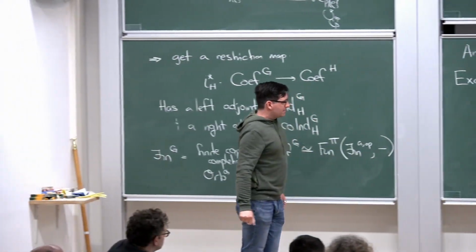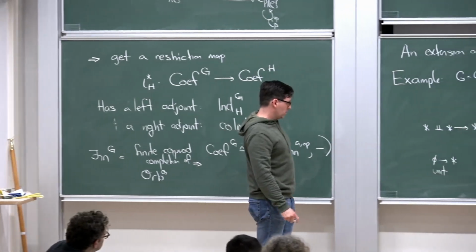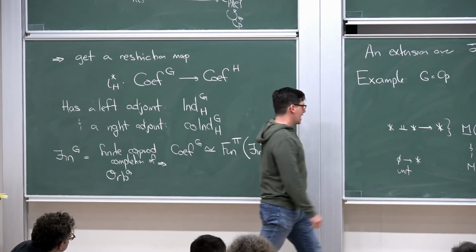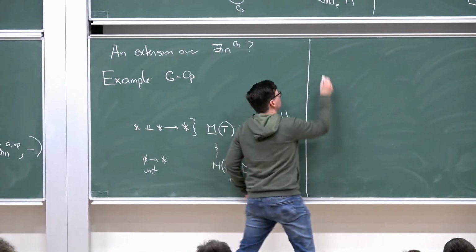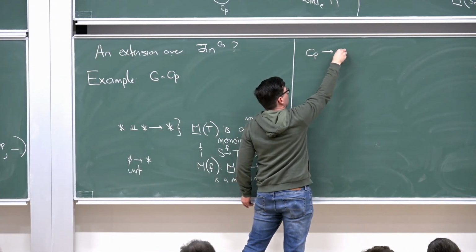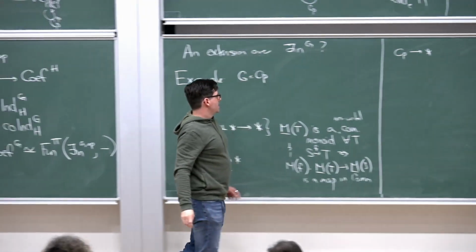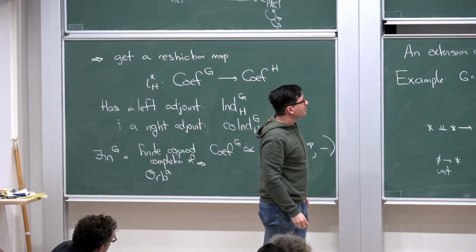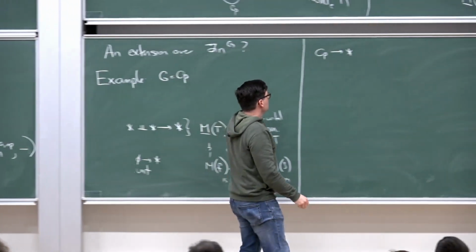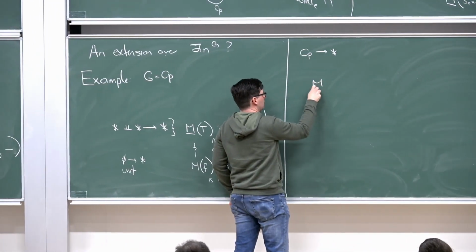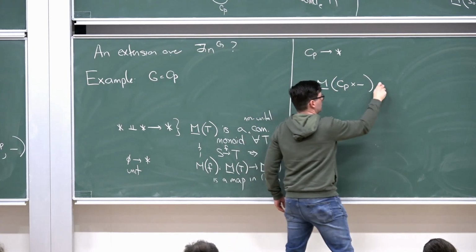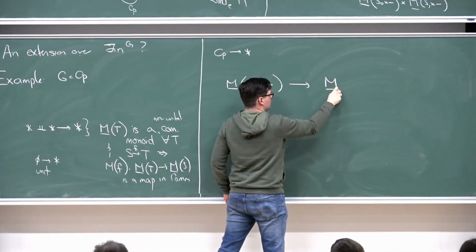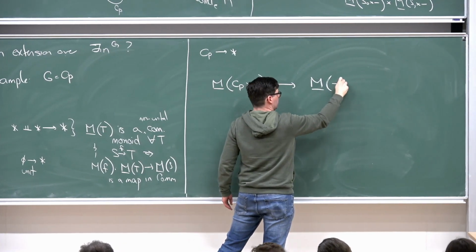And then the other maps that show up, well, for CP, there's only one other interesting kind of map, and that's the one that goes CP to a point. And so this gives me something different. So here, I'm going to have M of CP cross something back to M of something.